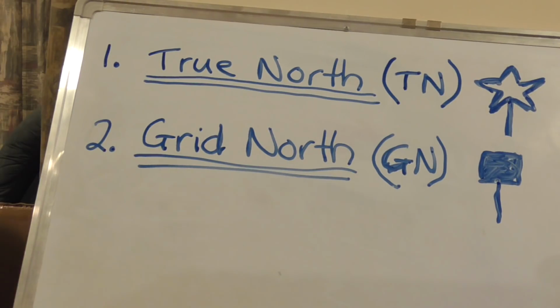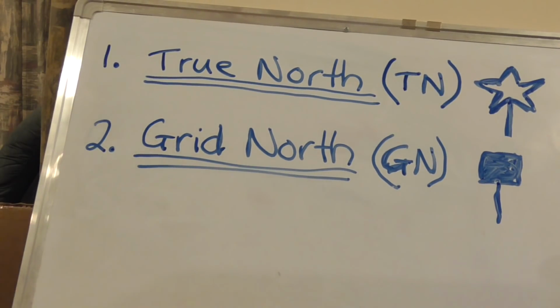Now basically, grid north, and I've spoken about this in my other videos, true north is to do with the planet, pointing to the North Pole and the South Pole.